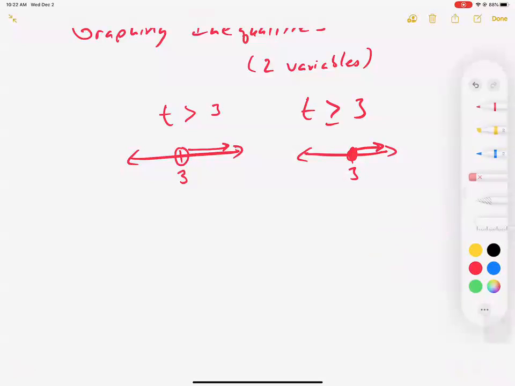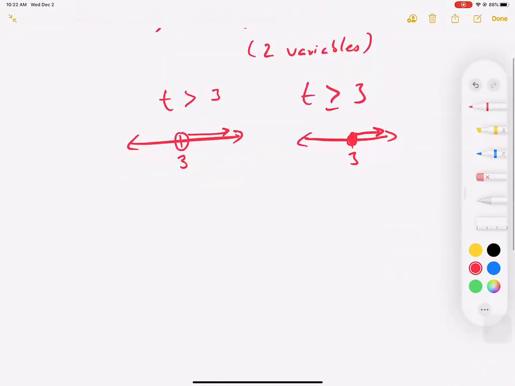So let's move on. We had a couple of rules for inequalities. If I'm solving, let's say 2 minus 3x is less than 11, how do we solve this?